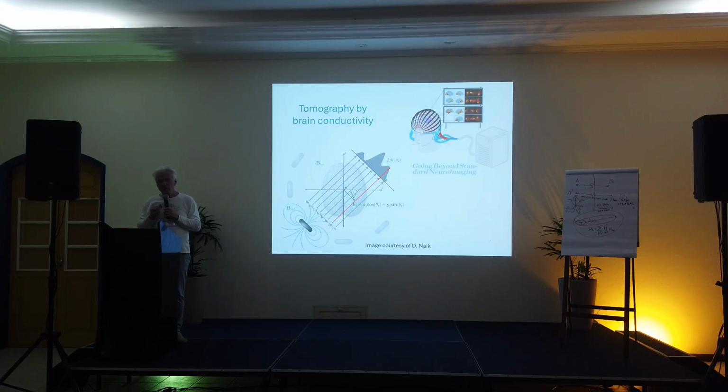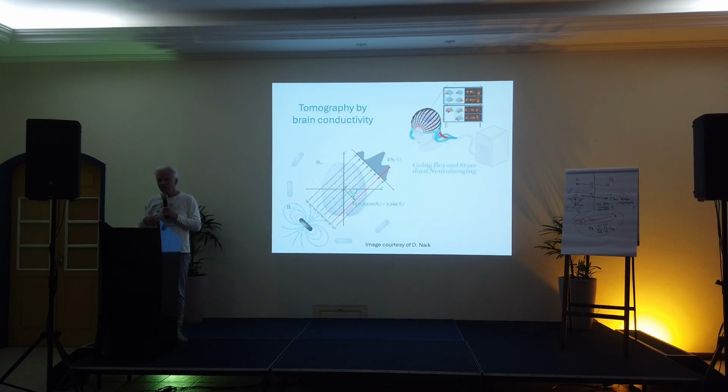So one day we will have several of those sensors and we will need to do the tomography, and there are problems in all this business. So we're on the way in this direction.